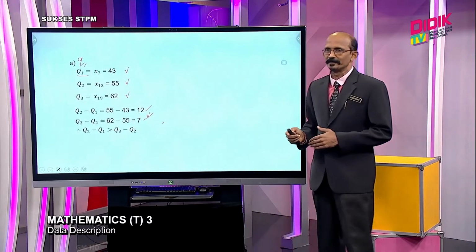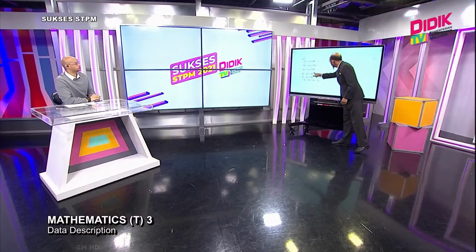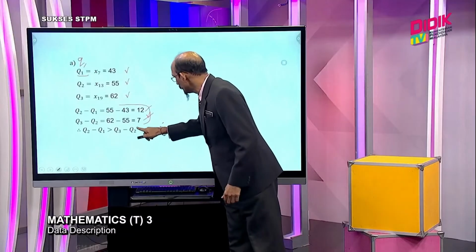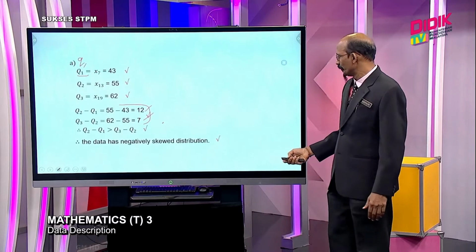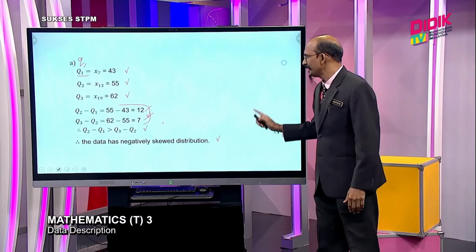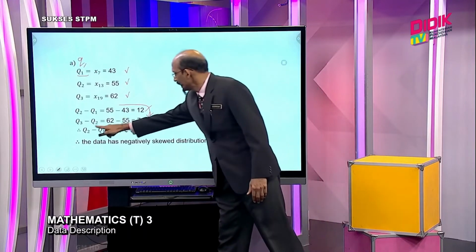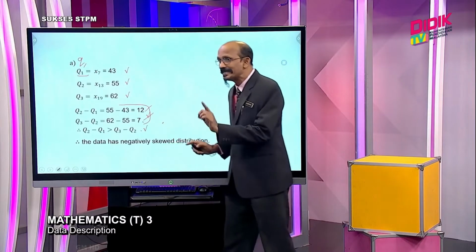But what happens if you don't write this line in particular? Let's say you never do comparison, you go straight to your answer: negatively skewed distribution. If the student never writes this and only does these two, then marks will be deducted.